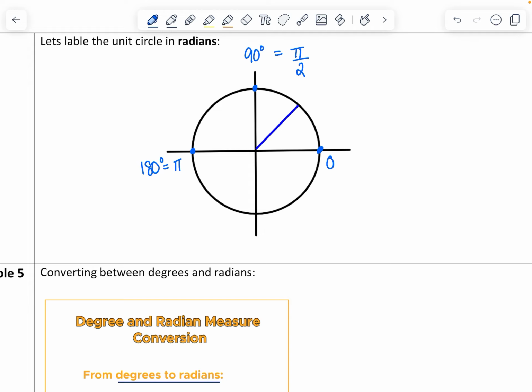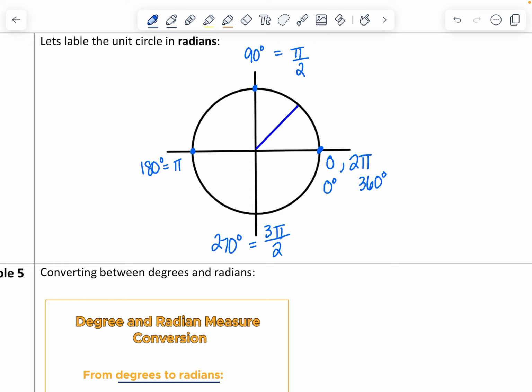So 90 would be half of that, pi over 2 radians. Then if you count by pi over 2, 1 pi over 2, 2 pi over 2, this would be 3 pi over 2. So 270 degrees is 3 pi over 2 radians. And then 4 pi over 2 is 2 pi radians, which is equivalent to 360 degrees. 0 radians is equivalent to 0 degrees. So those are our main ones.